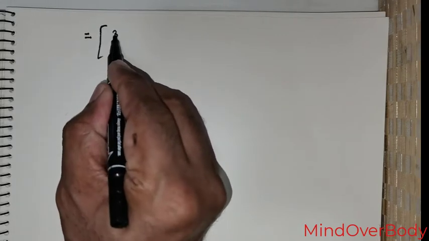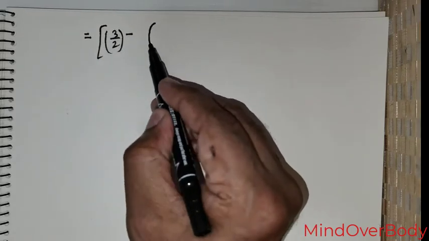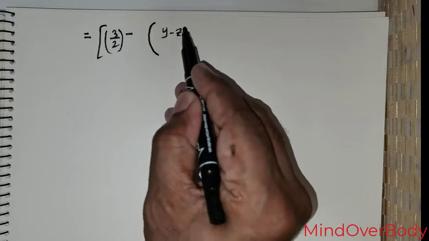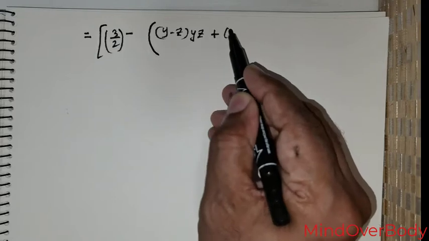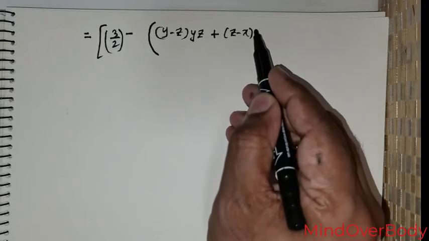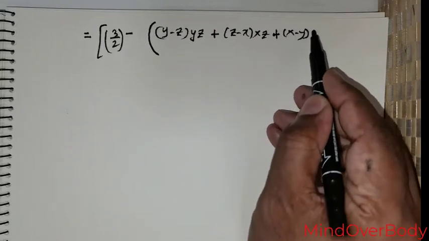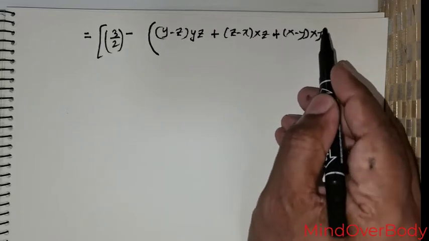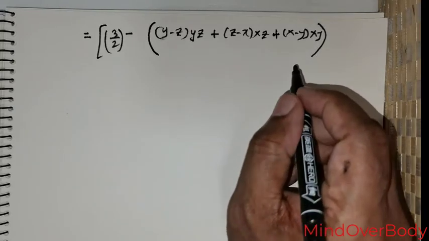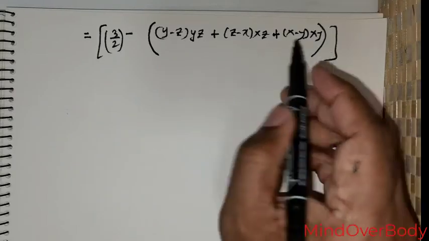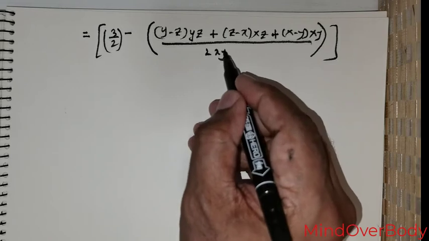So we've got 3 over 2 followed by y negative z times y times z, positive z negative x times z, positive x negative y times x times y. So this is what we have got in one corner, divided by 2 times x times y times z.